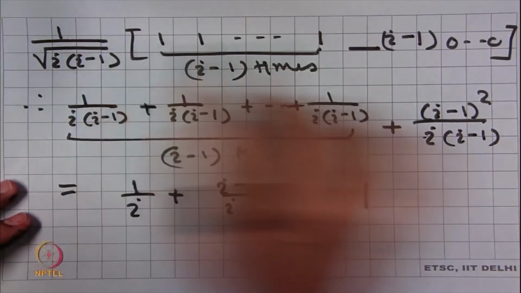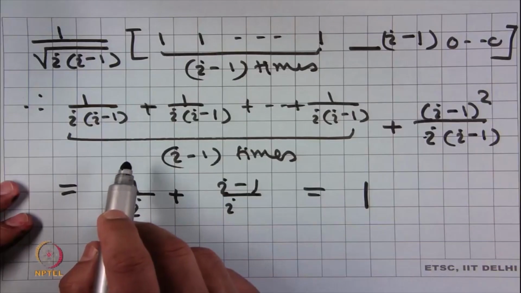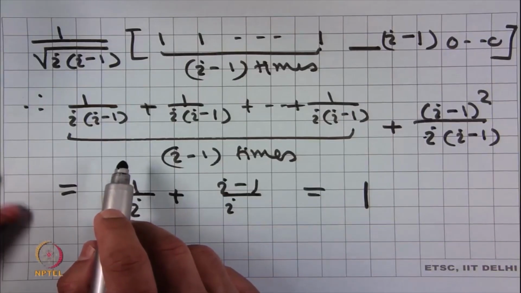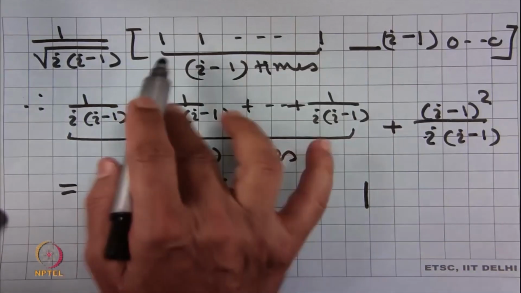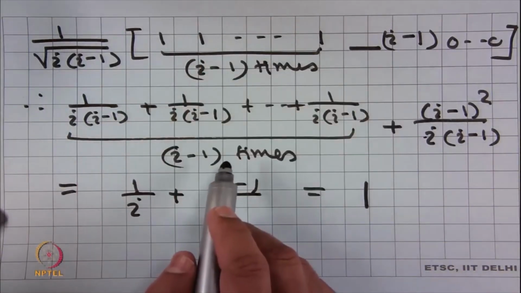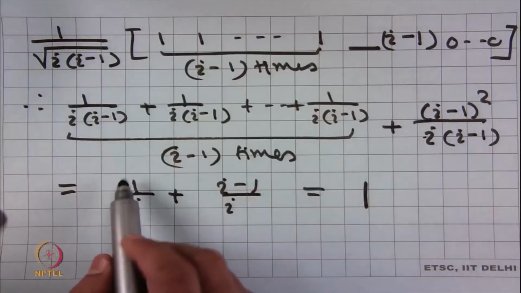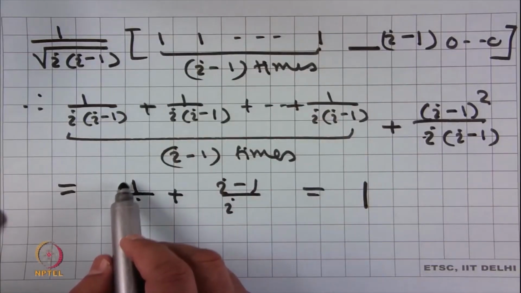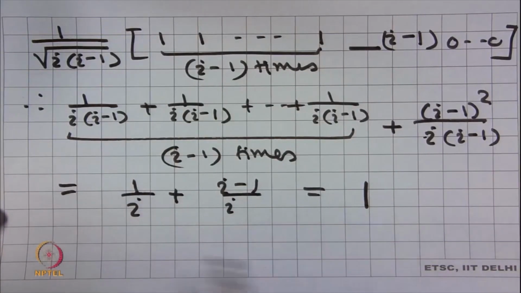Thus, the norm, the length of each of the rows of the matrix is 1. You can easily verify that its dot product with all the previous rows is going to be 0.